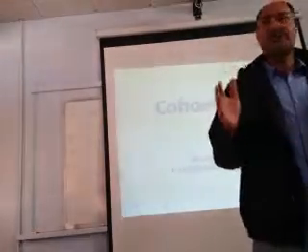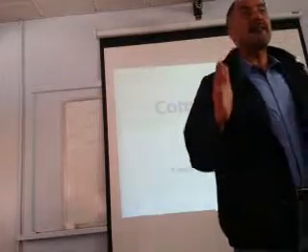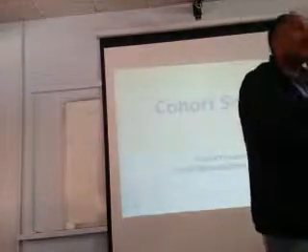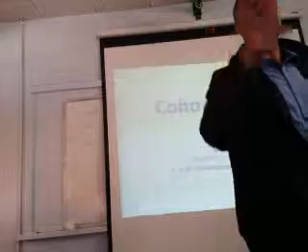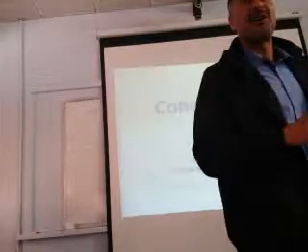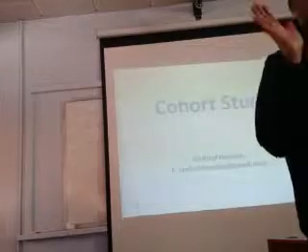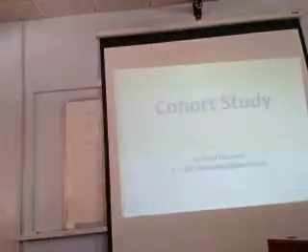Or all the people who got married from the beginning of 2014 to the end of 2014 also form a cohort. We call them a marriage cohort. So a cohort is a group of people who have something in common. Is that clear?